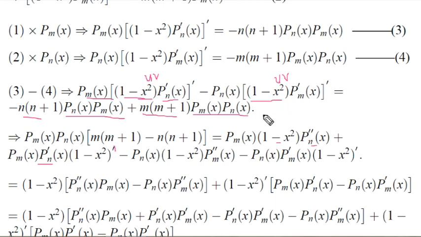We keep 1 minus x square constant and differentiate Pm dash of x, giving Pm double dash of x. Minus Pn of x, keeping Pm dash of x constant, then we differentiate 1 minus x square, which is 1 minus x square whole dash.